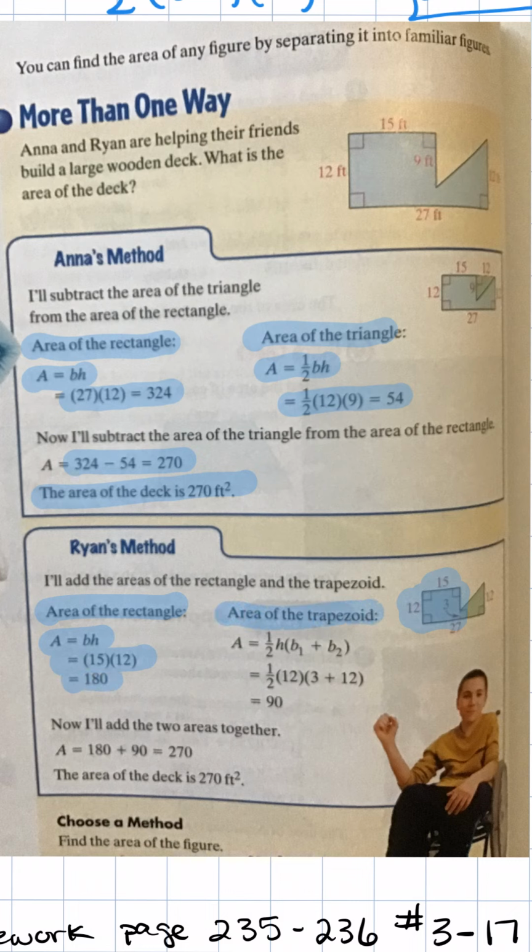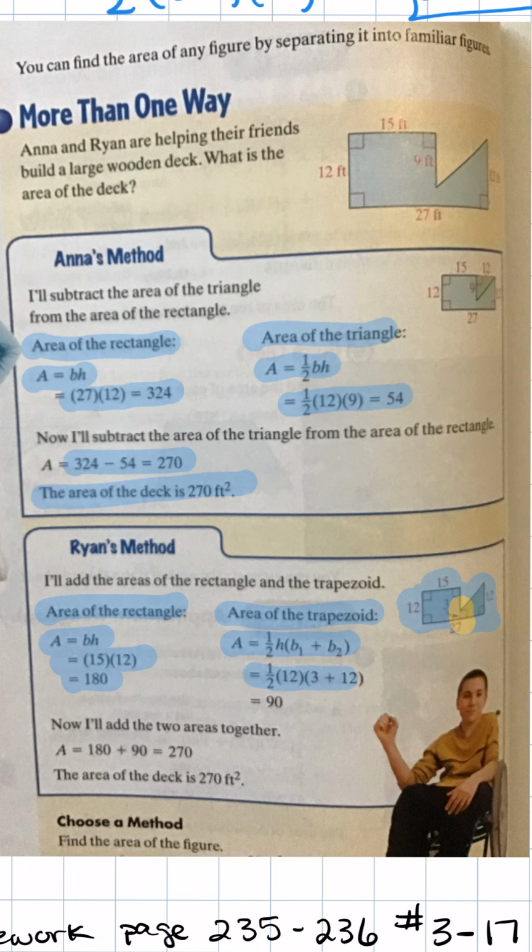The area of the trapezoid equals half the height times base 1 plus base 2. He's using it as a trapezoid instead of a triangle because it really does have four sides, if you see that the side right here where the triangle is flat.